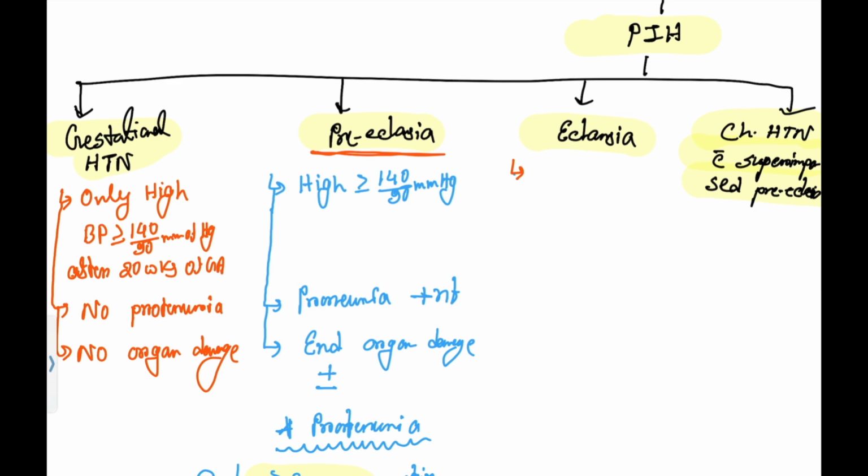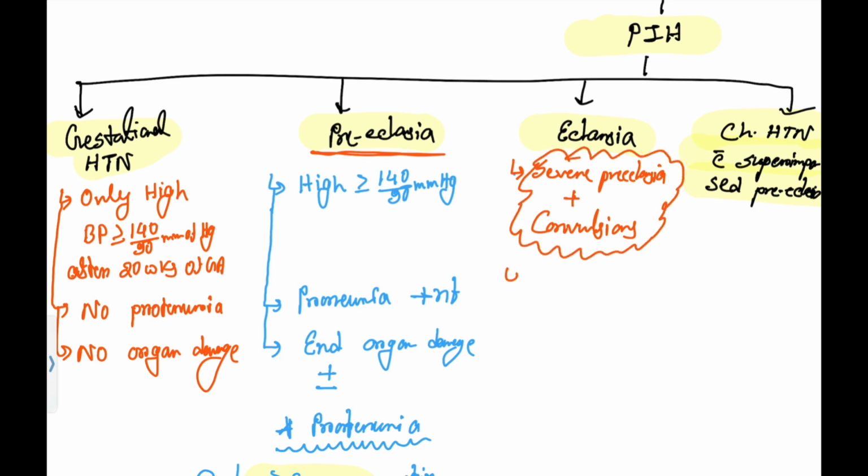So what does eclampsia mean? Eclampsia means severe preeclampsia, when you can't manage this severe preeclampsia, then along with severe preeclampsia features, mother will be having convulsions. Okay, this is another life threatening condition of the mother. So what are the features of eclampsia?